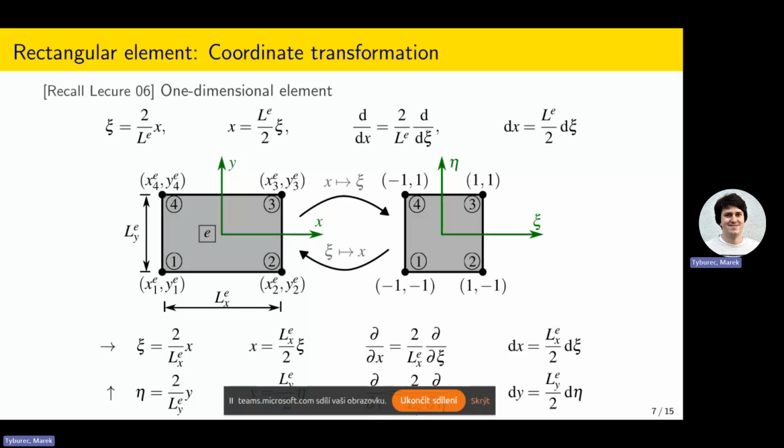Because we did this, and because we also have the energy, which is given by integrals that depend on x and y, we will also need to do substitution there to be able to work with the system. So we need to know the relation between dx, dy, and d psi, d eta.